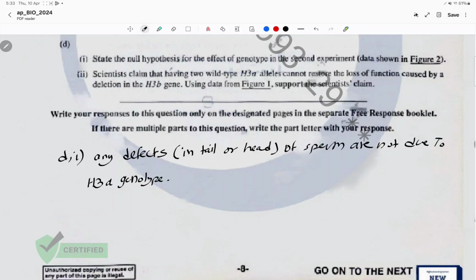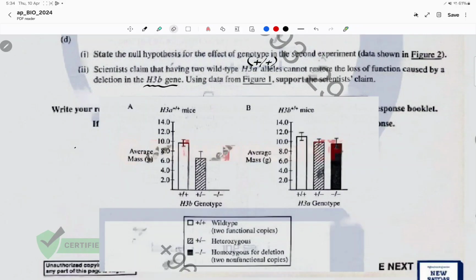I. Scientists claim that having two wild type H3A, that means having a plus and a plus, cannot restore the loss of the function caused by deletion in the H3B gene. Using data from figure 1 support the hypothesis. Let me bring the figure here. So we have to focus on figure A because that's the one with the H3A plus.